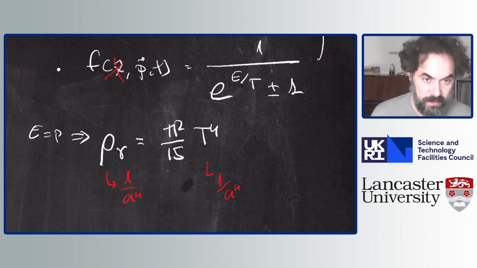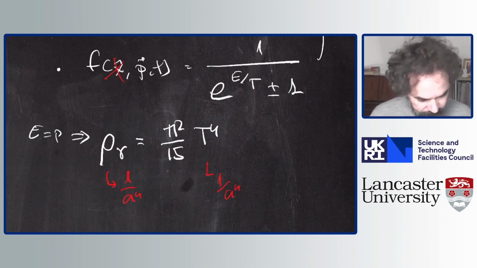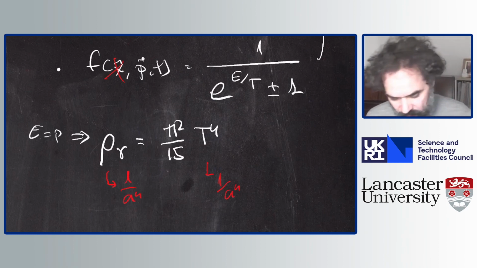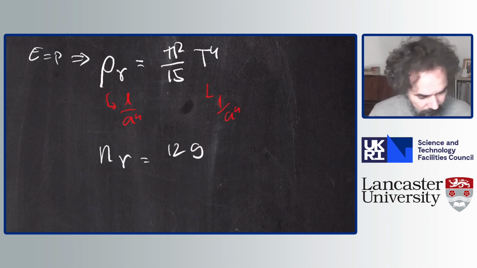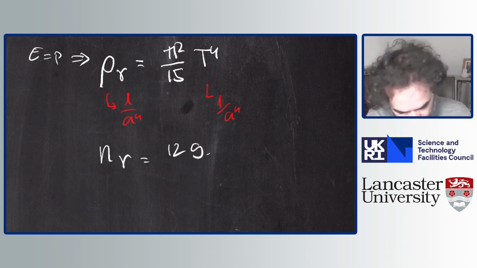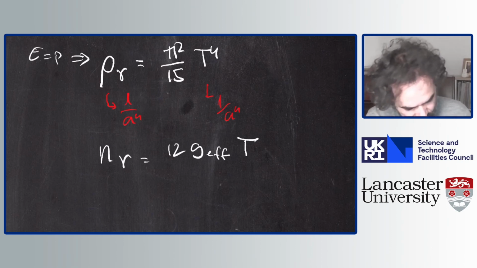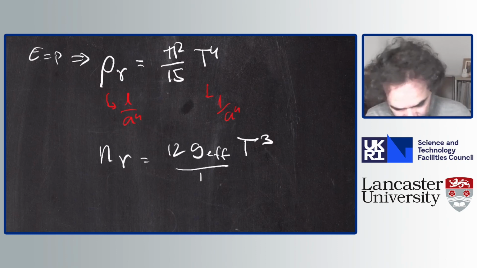Remember how this energy density evolves with time. Similarly, you can compute the number density of photons. So let me just give you what it is. And here it is important that there is a difference between fermions and bosons.